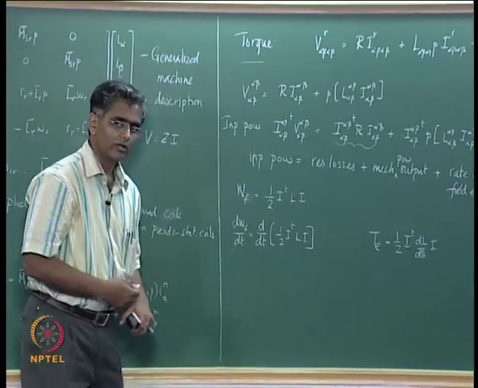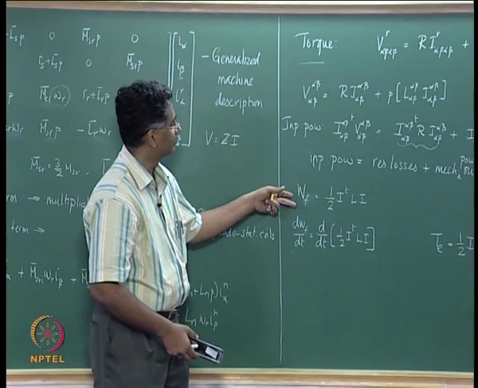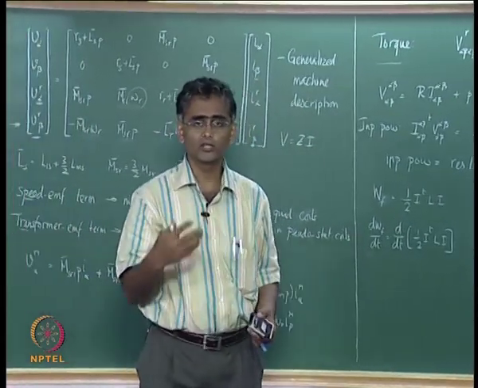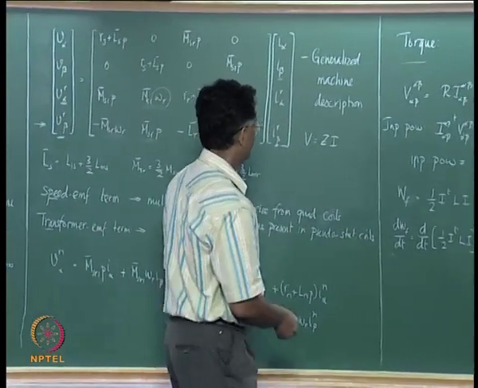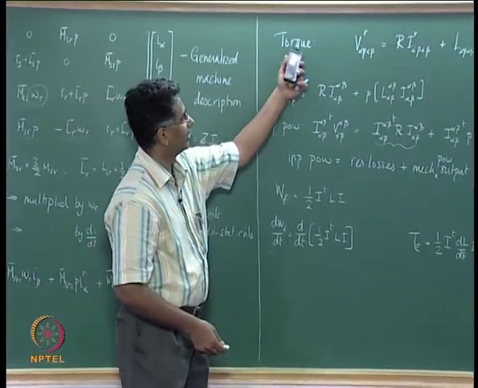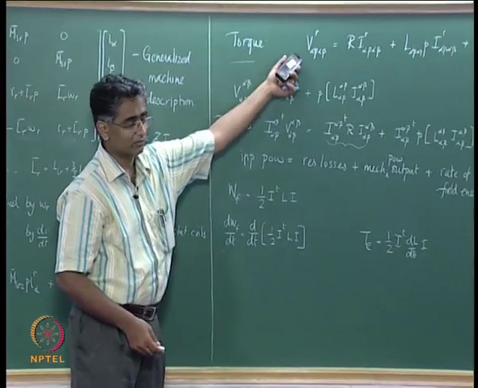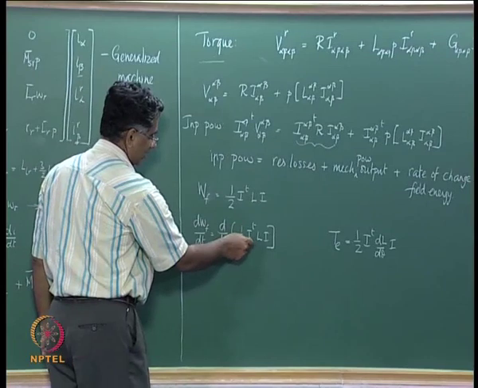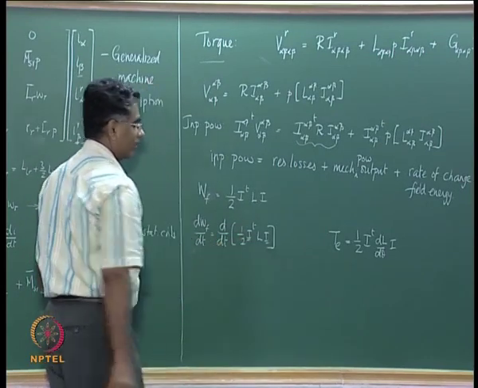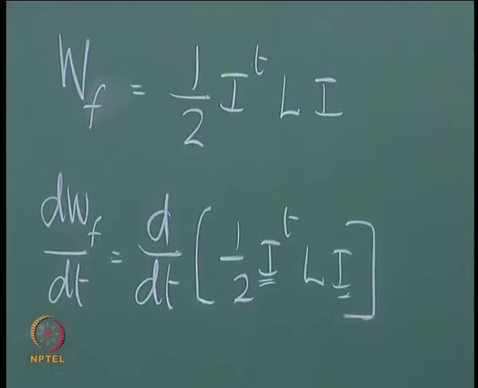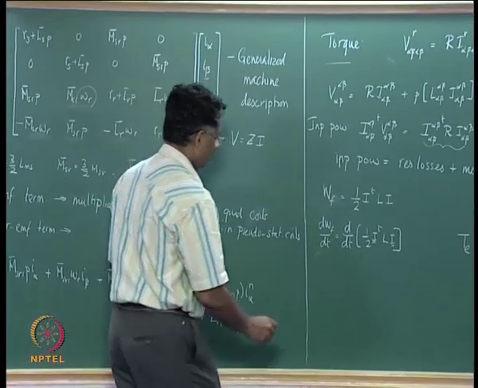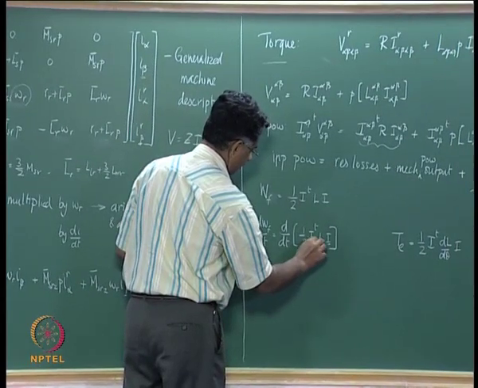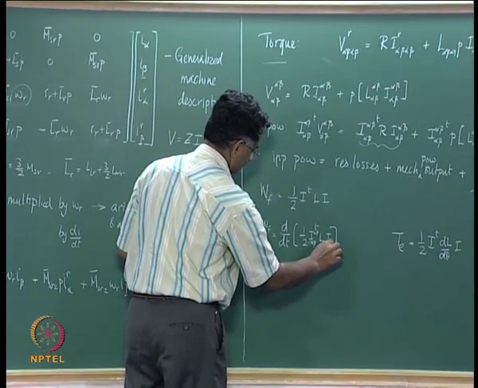But our goal now is not to derive the expression in the alpha beta reference frame. We want to derive the expression for the generated torque in the stator reference frame. So in order to get that, we now need to replace these terms I with the currents in the stator reference frame.